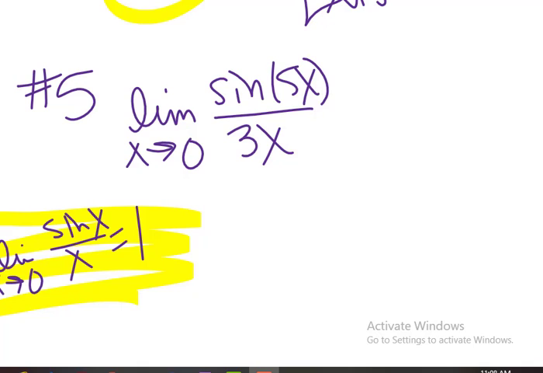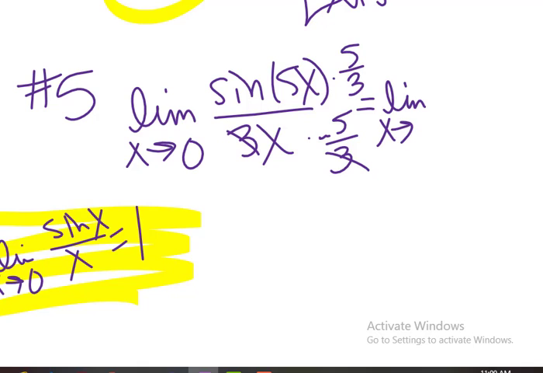And so what I'm going to do to force that is a little trick. I'm going to multiply the bottom by 5/3, and I'm going to multiply the top by 5/3. Now notice the 3's will cancel. And this will now give me the limit as x approaches 0 of 5/3 times the sine of 5x, all divided by 5x.